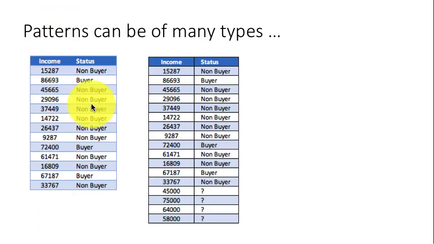So for example, suppose you're given this data here, income and the status. The income was 15,287, the person did not buy our product.